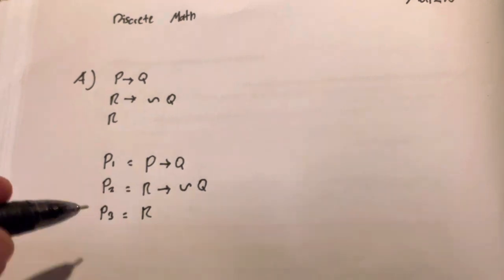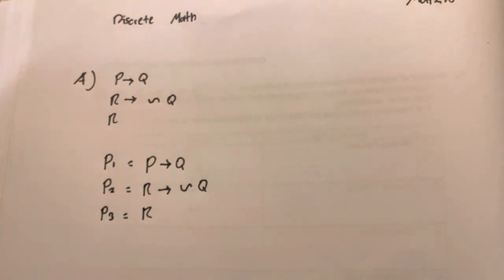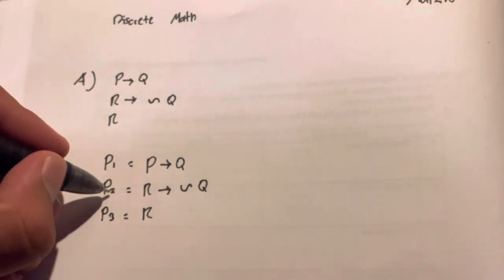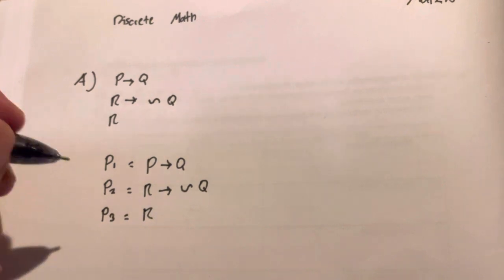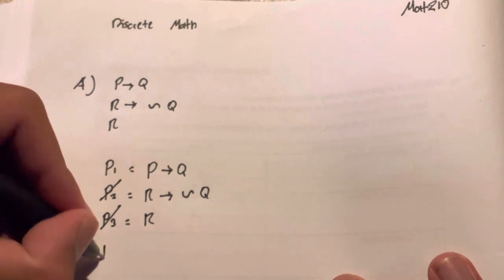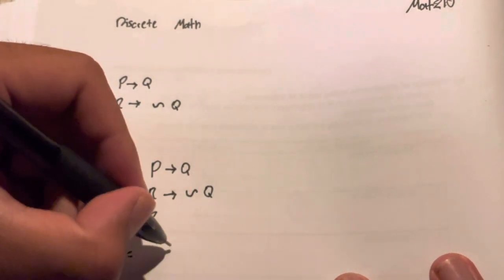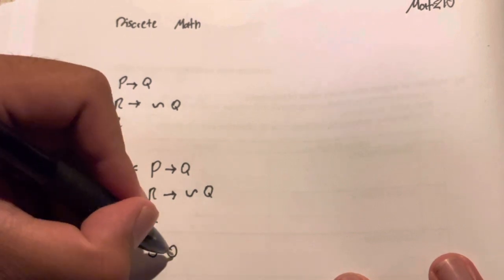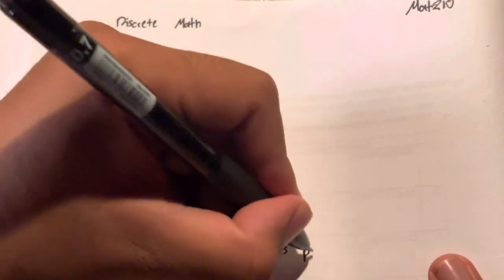So first thing first, we must identify. As you can see here, I can take out P2 and P3 using modus ponens. So I cut it out and make it P4, which is going to be not Q, or I can say negative Q. We name it modus ponens to remember what law we are using.